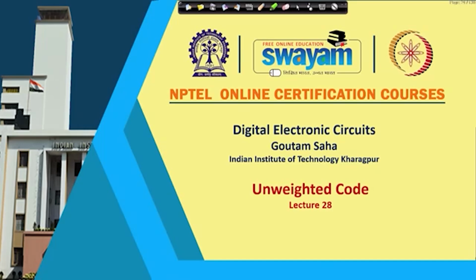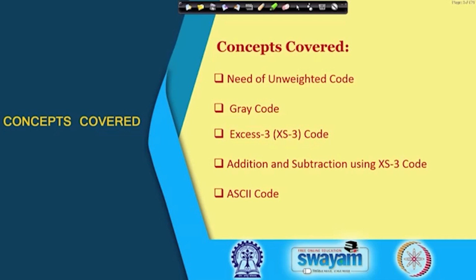Hello everybody. In today's class, we shall discuss unweighted code. We have seen binary coded numbers, and we have seen that the weights associated with binary code are 1, 2, 4, 8, 16, and so on before the binary point, and 1/2, 1/4, 1/8, etc. after the binary point.